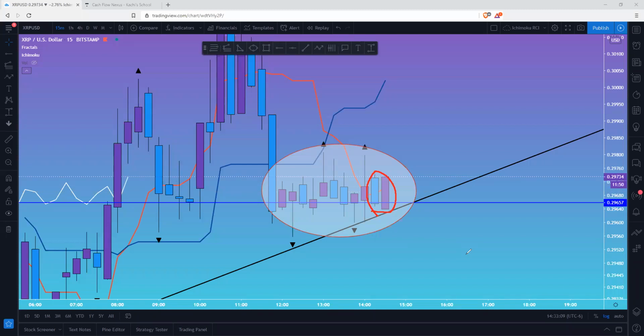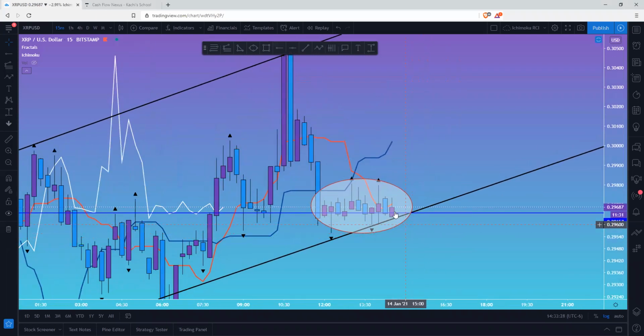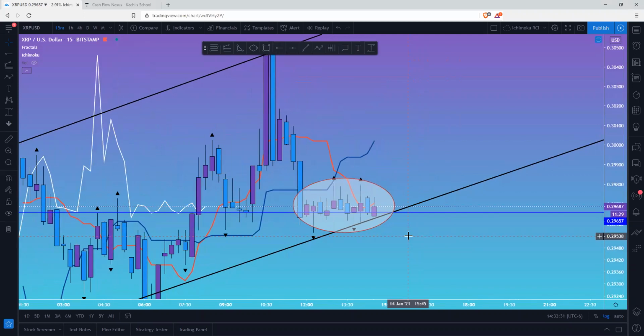But remember, this candle has not closed yet. You still got a whole 11 minutes for this candle to close, right? So anything could still literally happen here. All right. So you see how it got rejected? You got to be patient, wait for that candle to close.